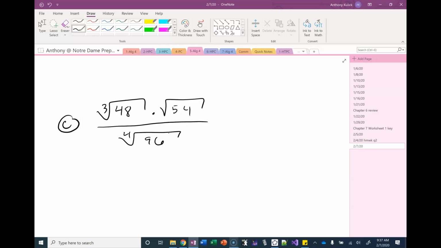Okay. Everybody ready to rock and roll here? Guess what we're going to start with? Prime factorizations. You guys are so smart.